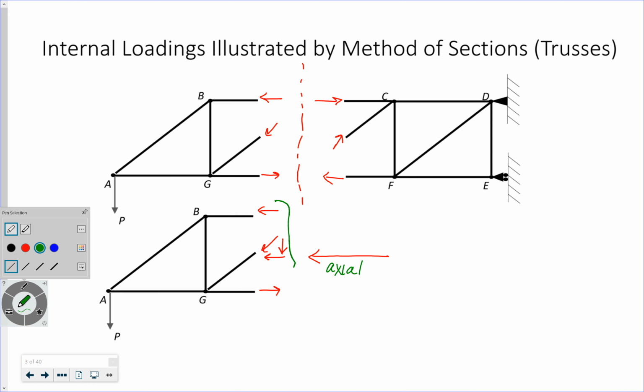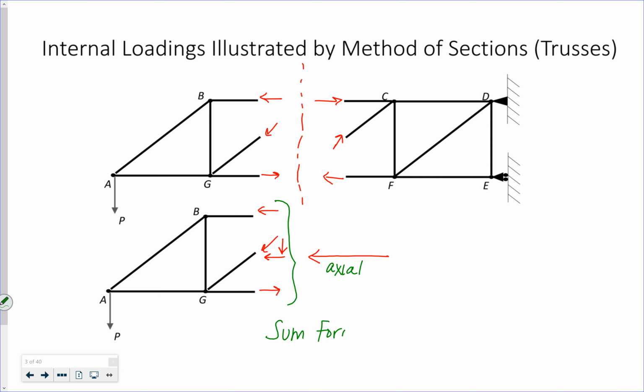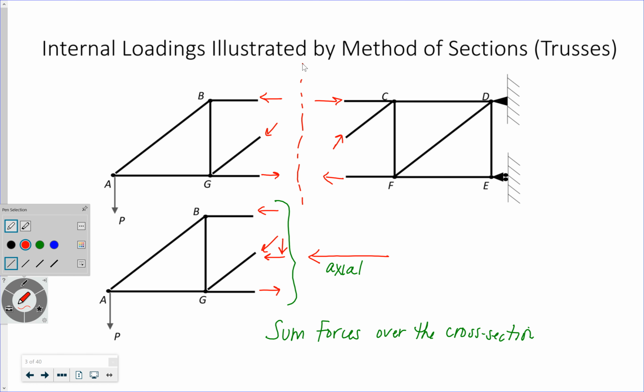Right? If I sum the forces over the section, I'm going to get some type of axial force. I'm also going to get some type of shear force, that vertical force. My vertical force is going to be a shear force.